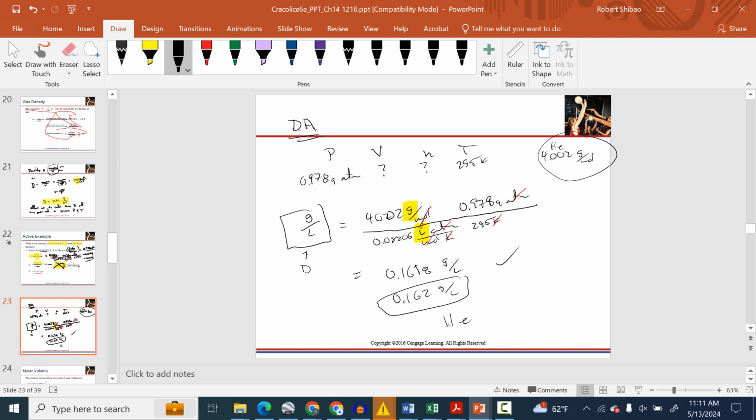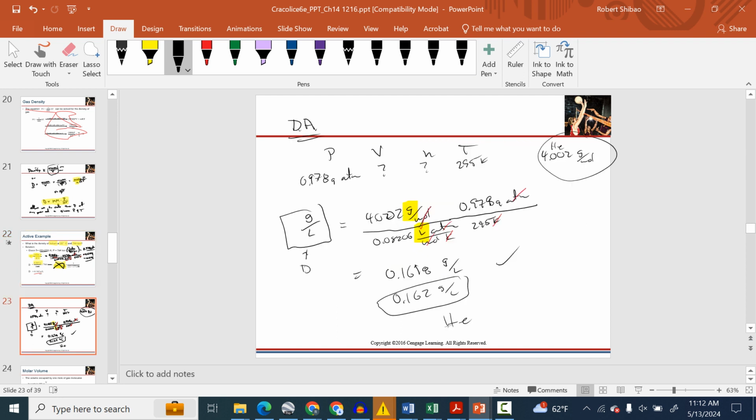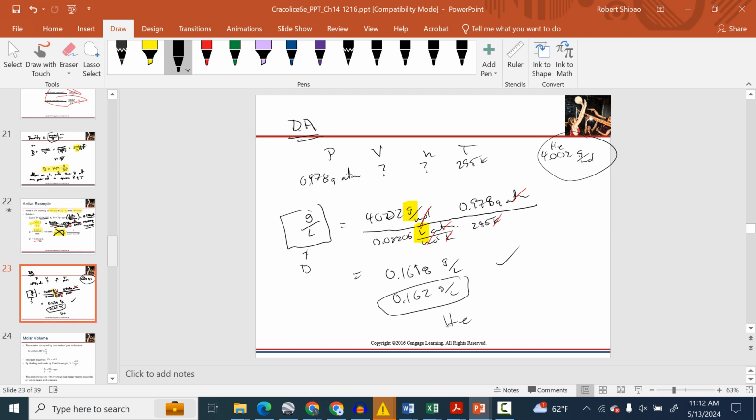This is helium gas. So if you forget the equation here, although this is a very common equation that people memorize, you don't have to give up. If you forget the equation and forget how to derive it, we could just use straight dimensional analysis to answer this particular problem.